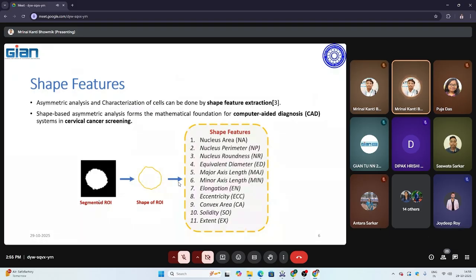Shape-based asymmetric analysis forms the mathematical foundation for computer-aided diagnostic systems in cervical cancer screening. We have studied these 11 types of shape-based features for identifying the basic shapes of the nucleus area.